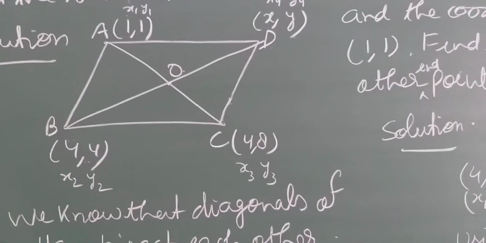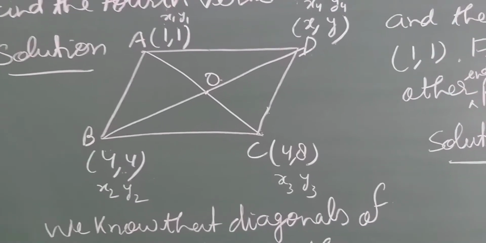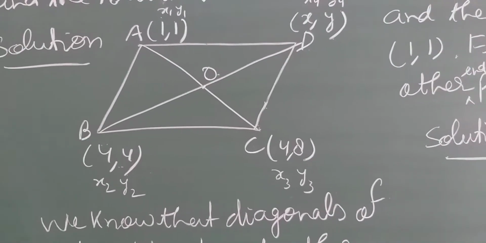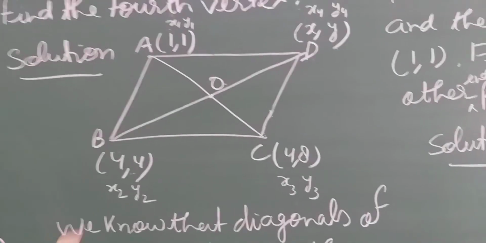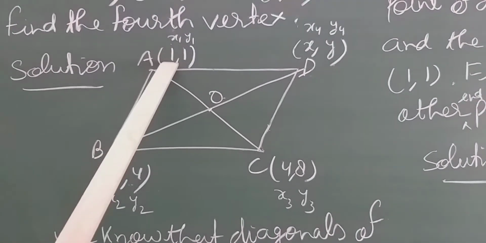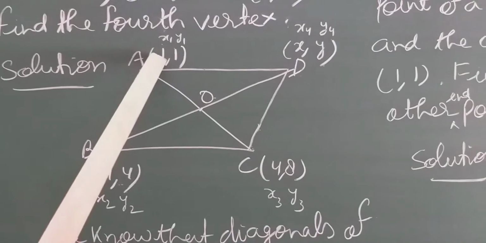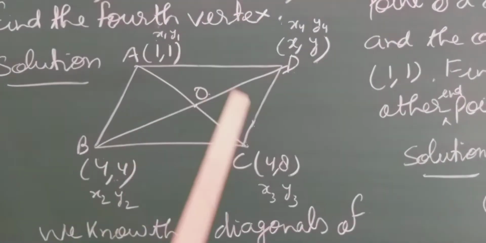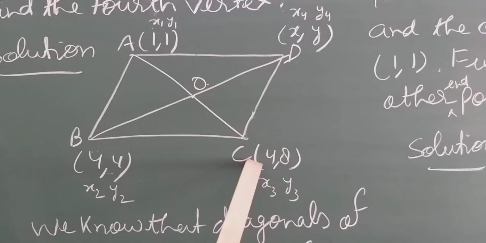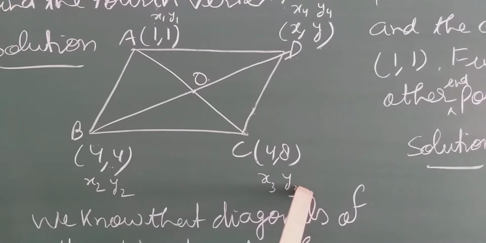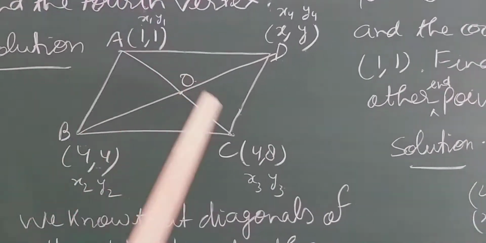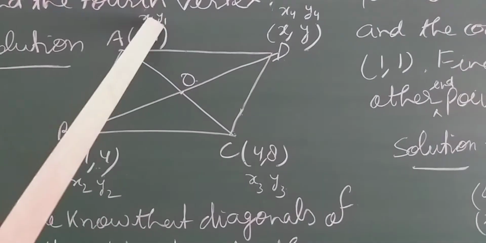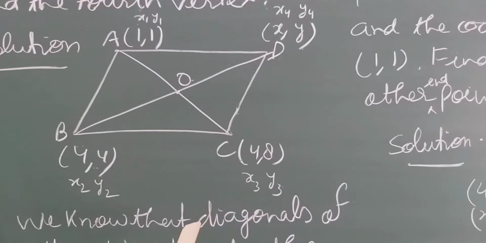Generally, the midpoint formula is (x1 plus x2) upon 2, (y1 plus y2) upon 2. But here, we have supposed x1, y1 and the coordinate of C as x3, y3. So the formula will be (x1 plus x3) upon 2, (y1 plus y3) upon 2.